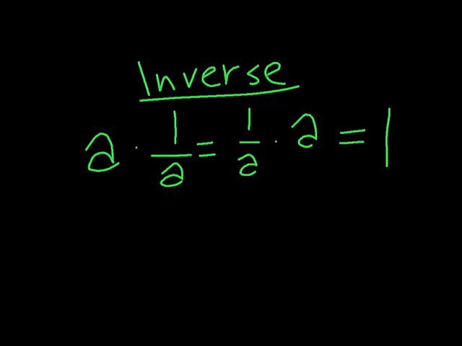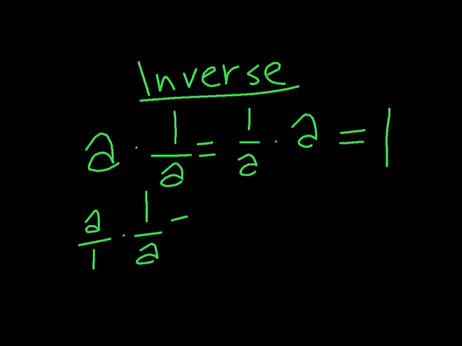Okay, so this is the multiplication side of the inverse property. Here we see that A times 1 over A equals 1 over A times A, which really just equals 1. And all that's saying is that, let's pretend that we just write A over 1, which we can do with any number, that's fine. And let's see.